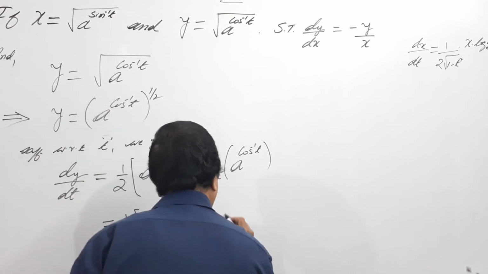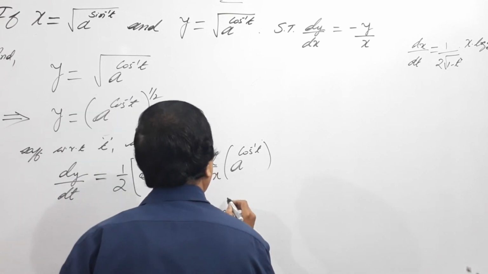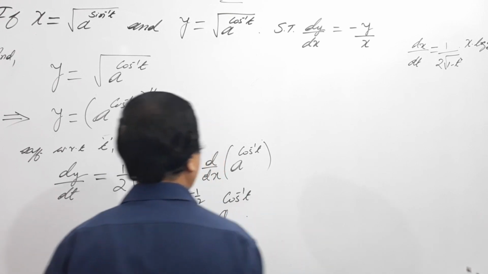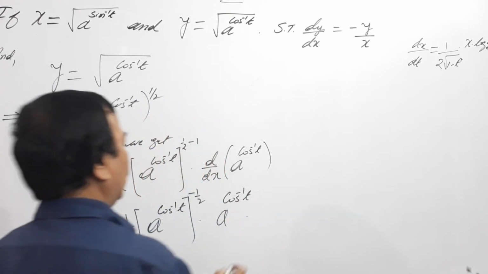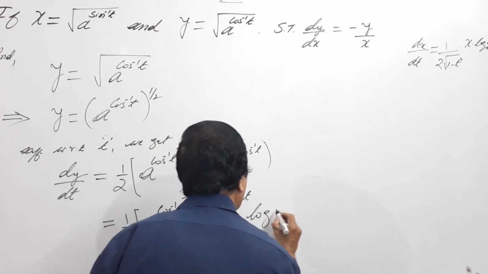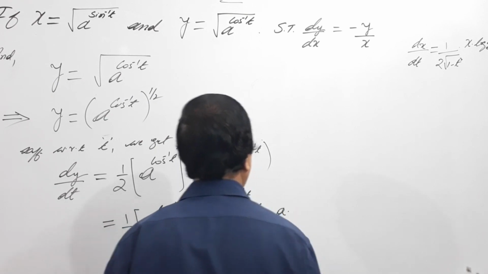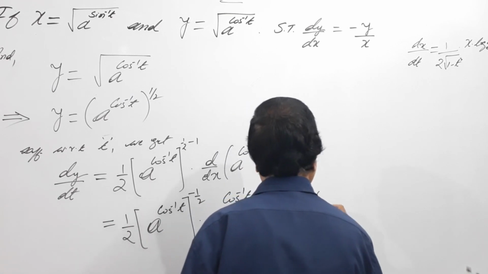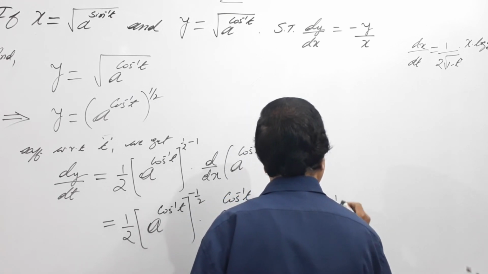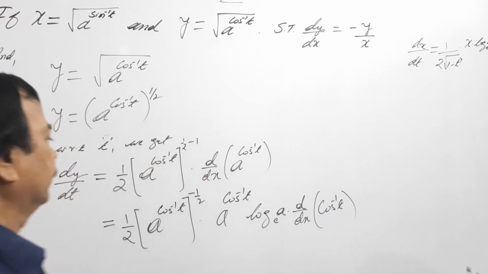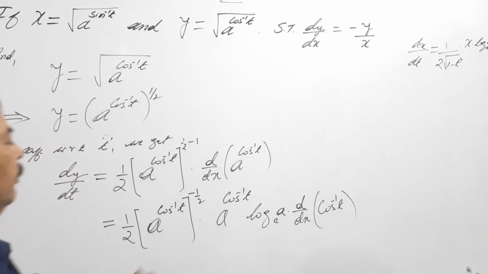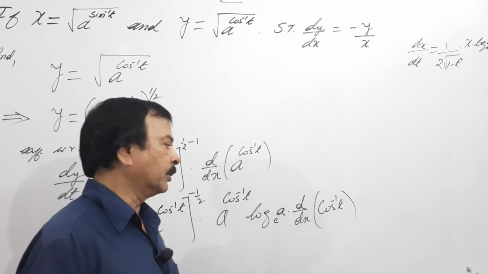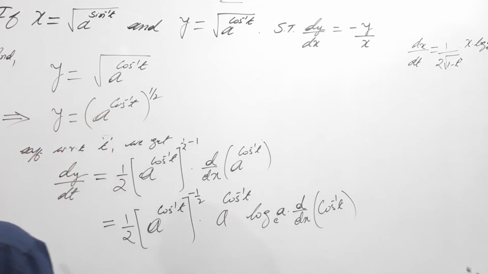This becomes a to the power of cos inverse t into log a to base e into d by dx of cos inverse t. So you have to differentiate even the inner function.